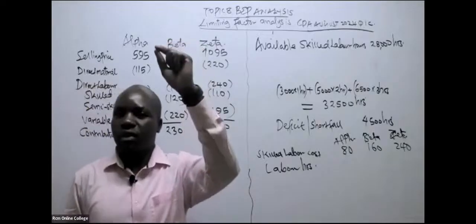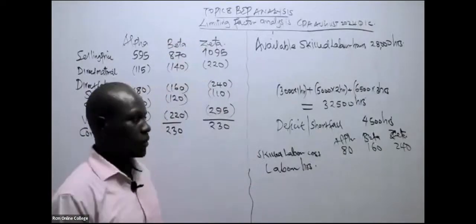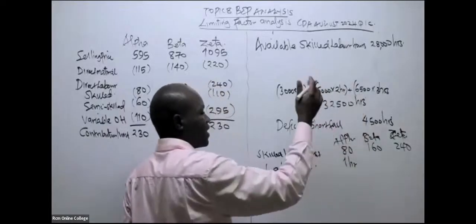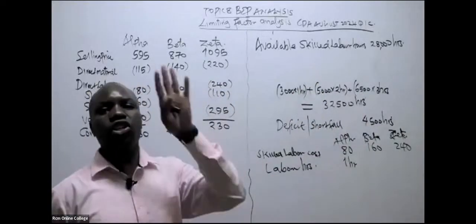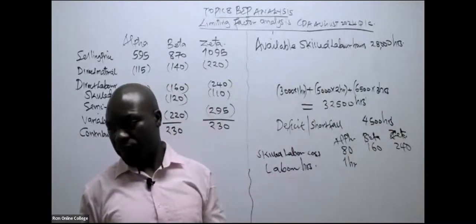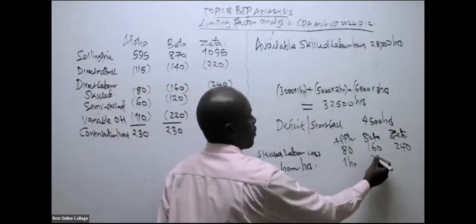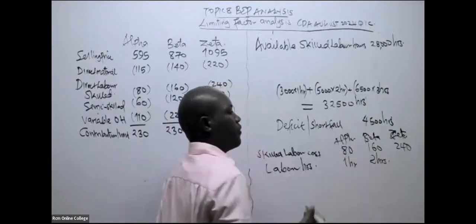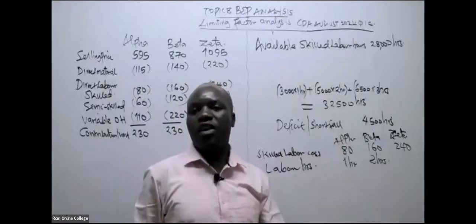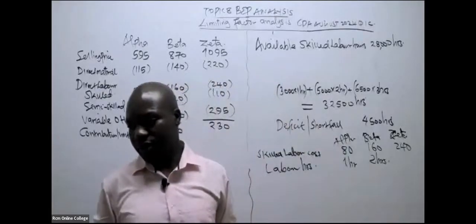If the rate is 80 shillings per hour, that will be 1 hour. If you have spent 160 shillings and each hour is 80 shillings, how many hours? If we have utilized 240 shillings and each hour is 80 shillings, how many hours have you utilized?